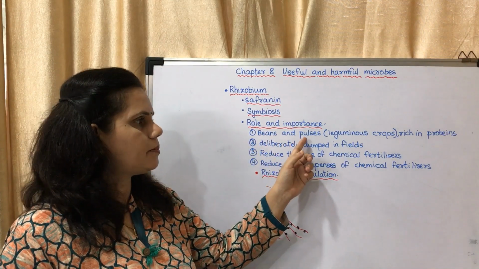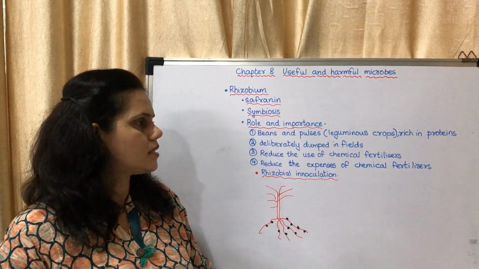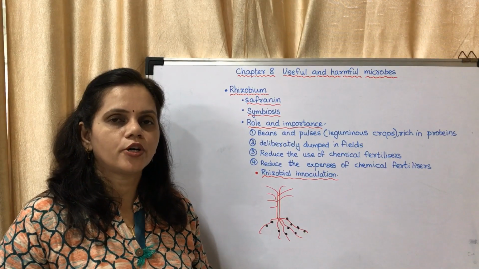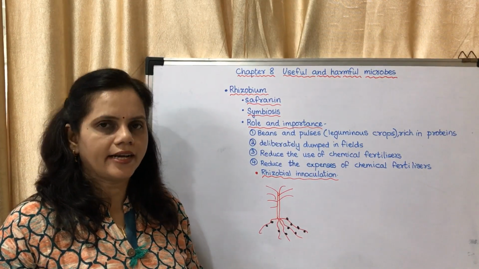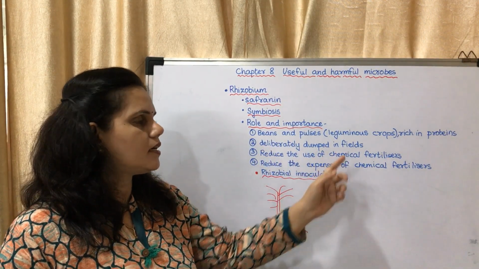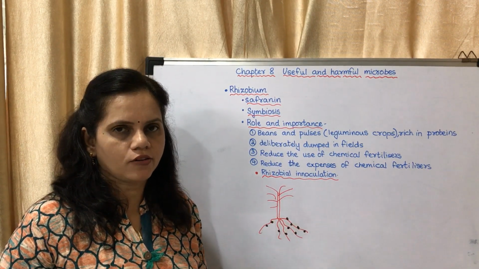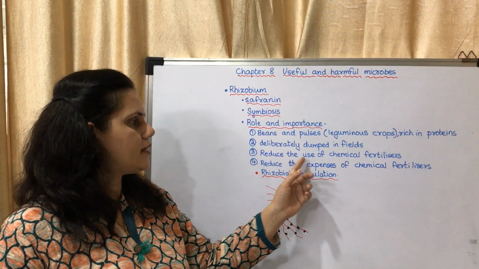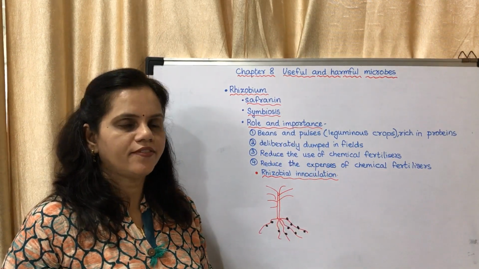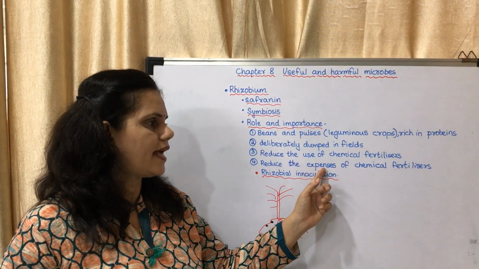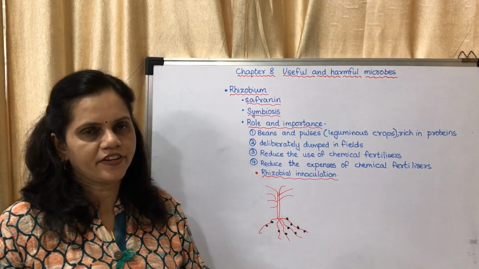Beans and pulses, that is leguminous crops, are rich in proteins, okay, due to rhizobium. They are deliberately dumped in fields to maintain the fertilizer content of the soil. It reduces the use of chemical fertilizers and reduces the expense of chemical fertilizers.